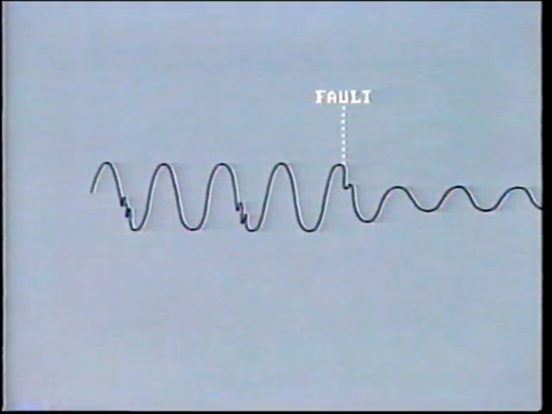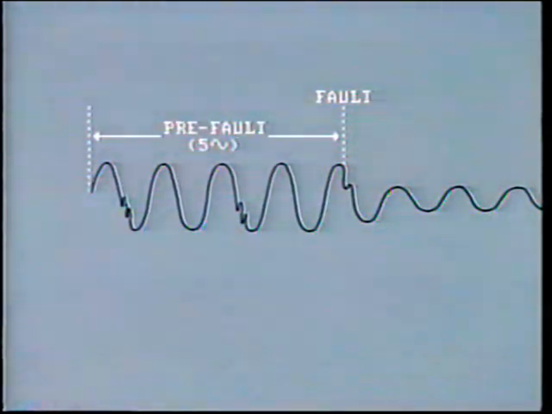This particular recording was started automatically when the fault occurred and captured about 5 cycles of pre-fault data. Because of the pre-fault capability, we can see the effect of the lightning arresters. But take note, the recording would not have started at all if a fault had not subsequently developed.